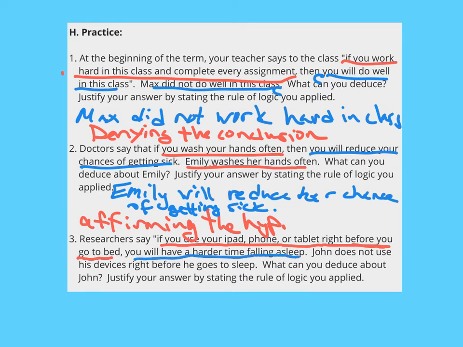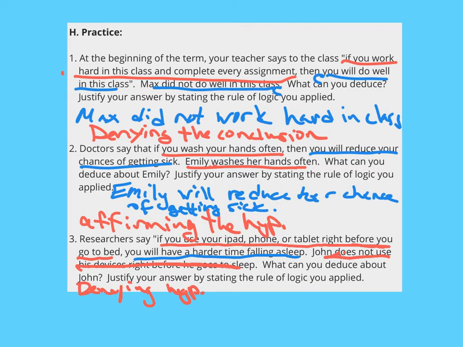So when we look at the specific case, we have John's statement. John does not use his device right before he goes to bed. That is similar to the statement in the hypothesis. The difference is that we're denying the hypothesis. So it looks like we're denying the hypothesis.